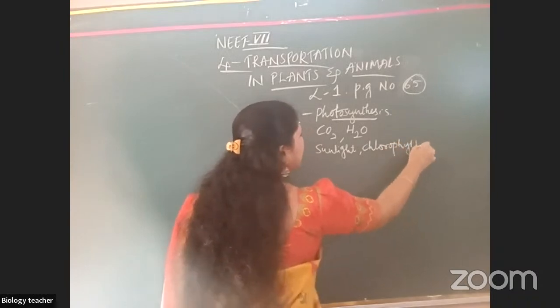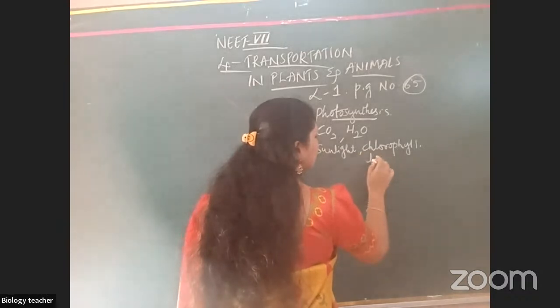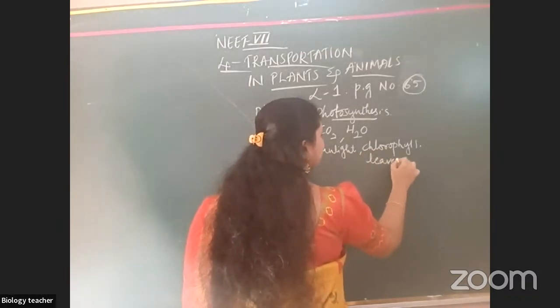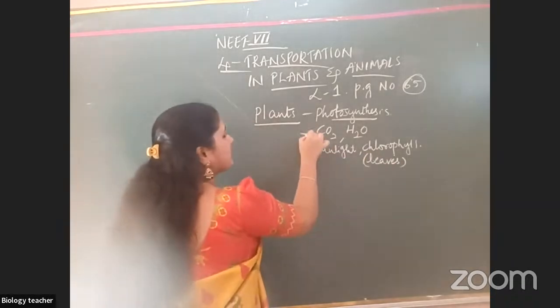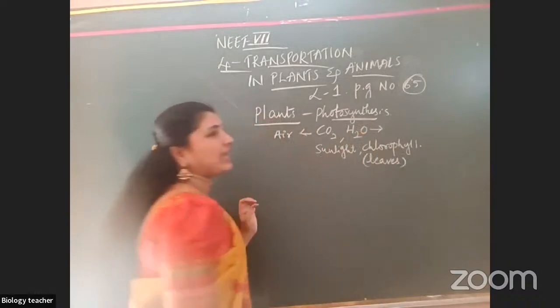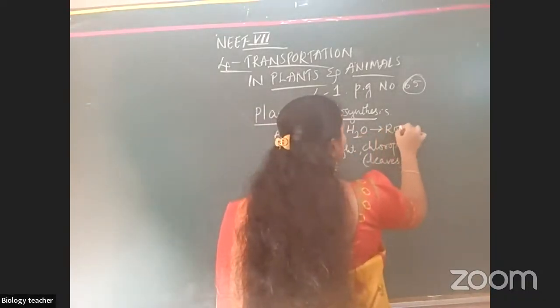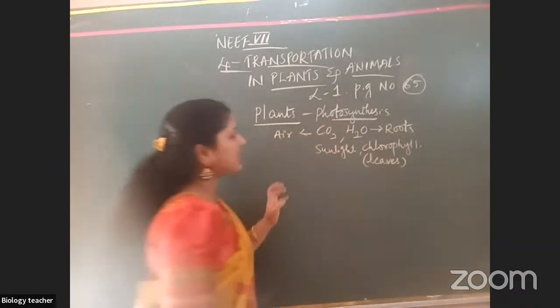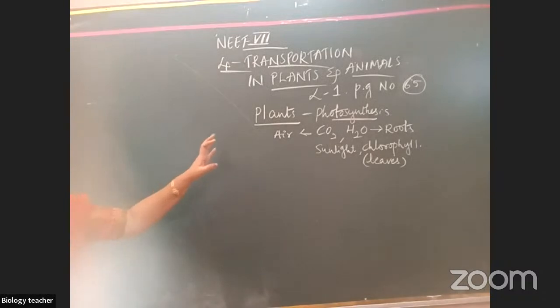Chlorophyll is already present in the leaves, and sunlight comes from the sun, and carbon dioxide comes from the air, and H2O is taken from the roots, from the soil. These are the raw materials that are needed for photosynthesis.